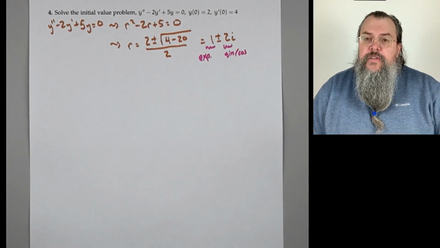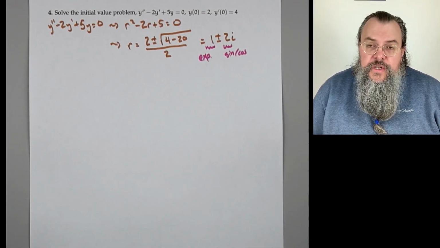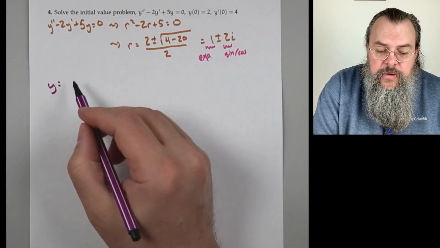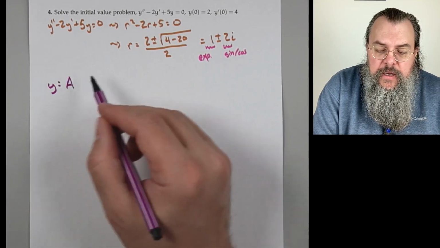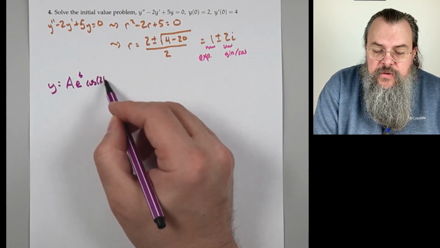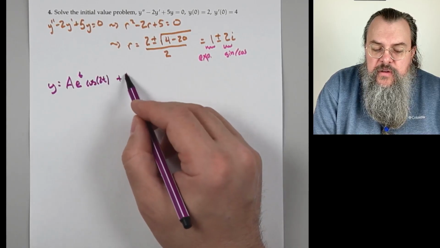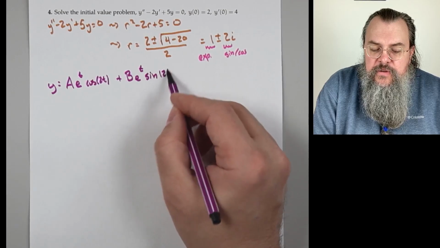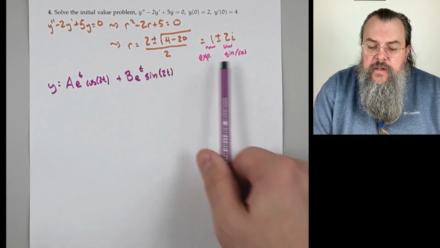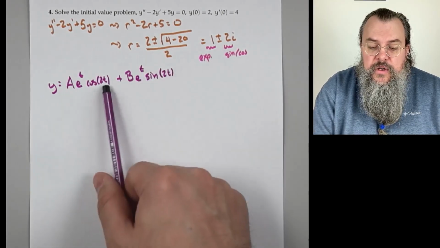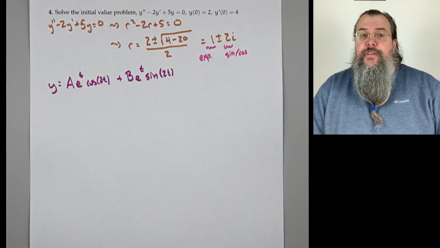So we can say that our solution looks like the following. Y is equal to some constant a, e to the t cosine 2t, plus some constant b, e to the t sine of 2t. So again, that 1 is showing up in the exponent, and the 2 is showing up inside the sine and the cosine.